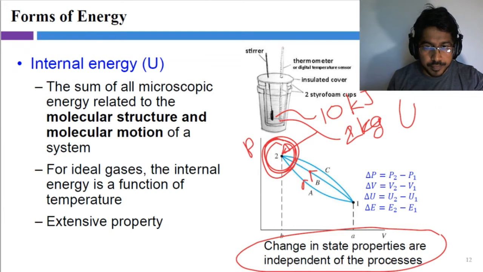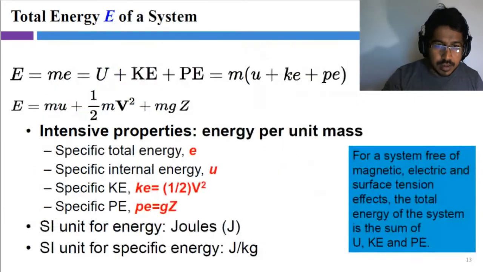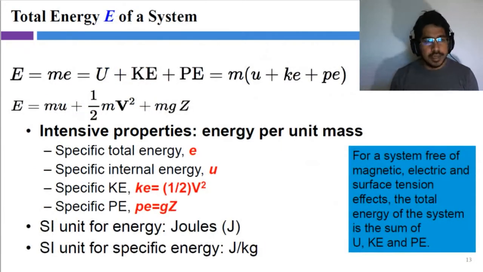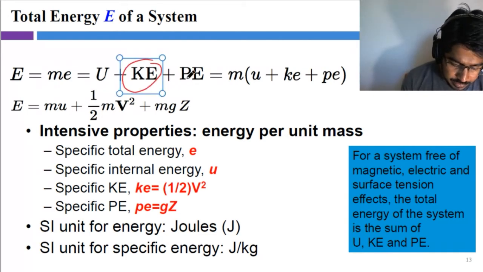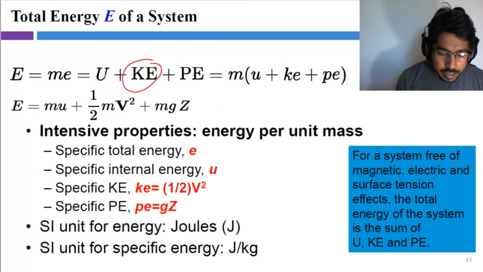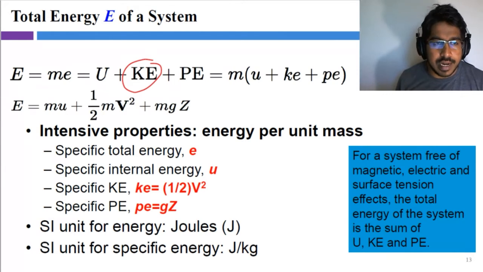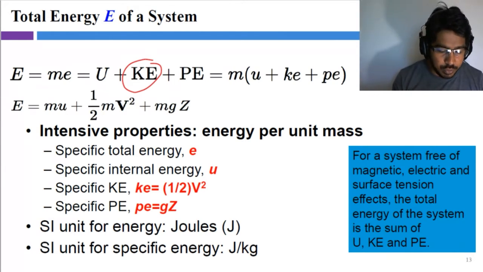Okay, now let's go on here. We learned something new today. In addition to kinetic energy and potential energy, we have internal energy, right? So when we analyze a thermodynamic system, we have kinetic energy. If the coffee cup was inside a car, then it would have kinetic energy, right?